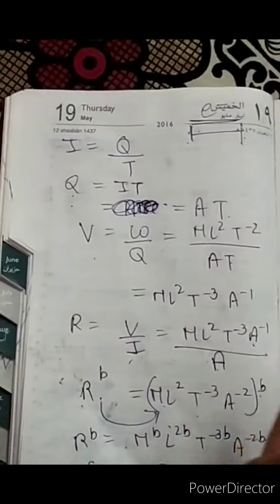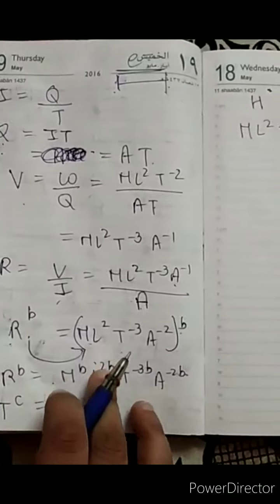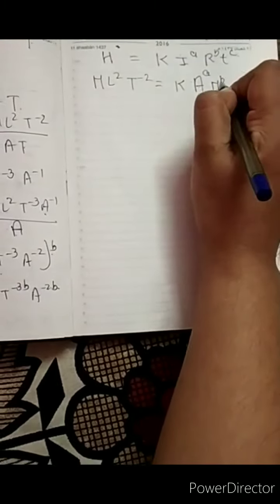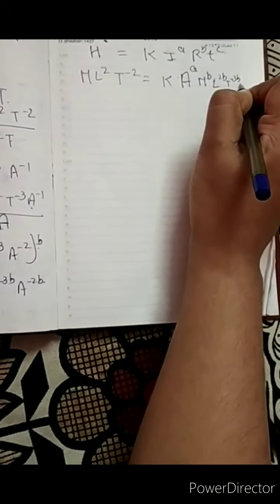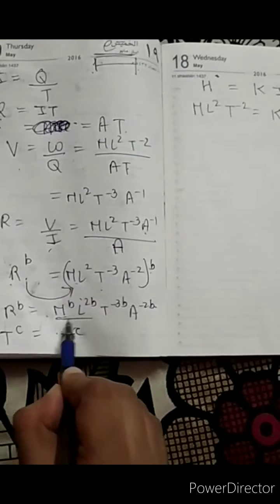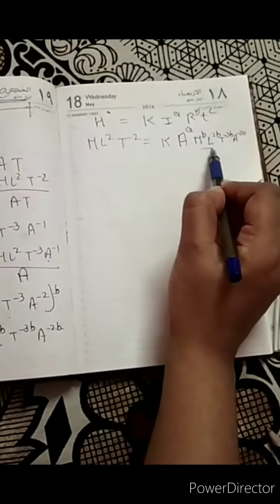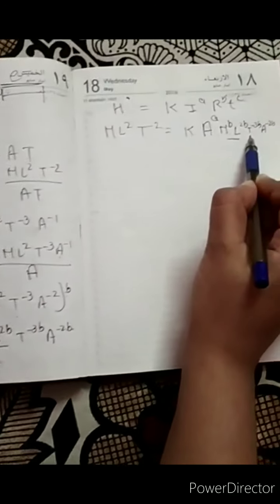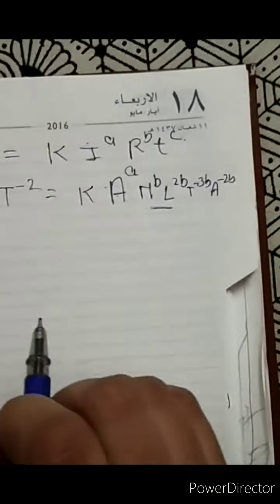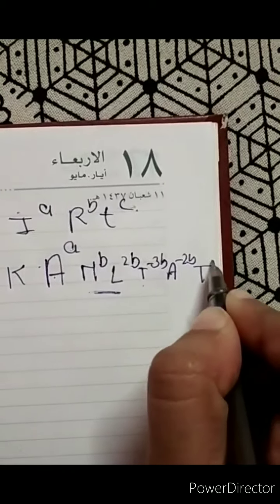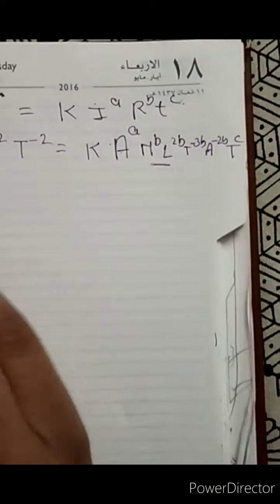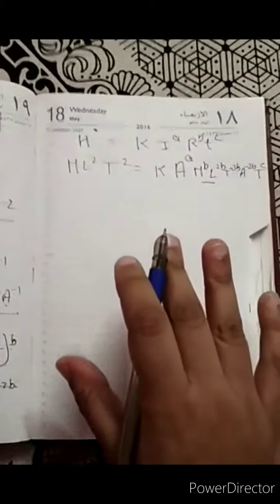R is M to the power b, L to the power 2b, T to the power minus 3b, and A to the power minus 2b. And again this T is time, T to the power c. Hope no problem till here.